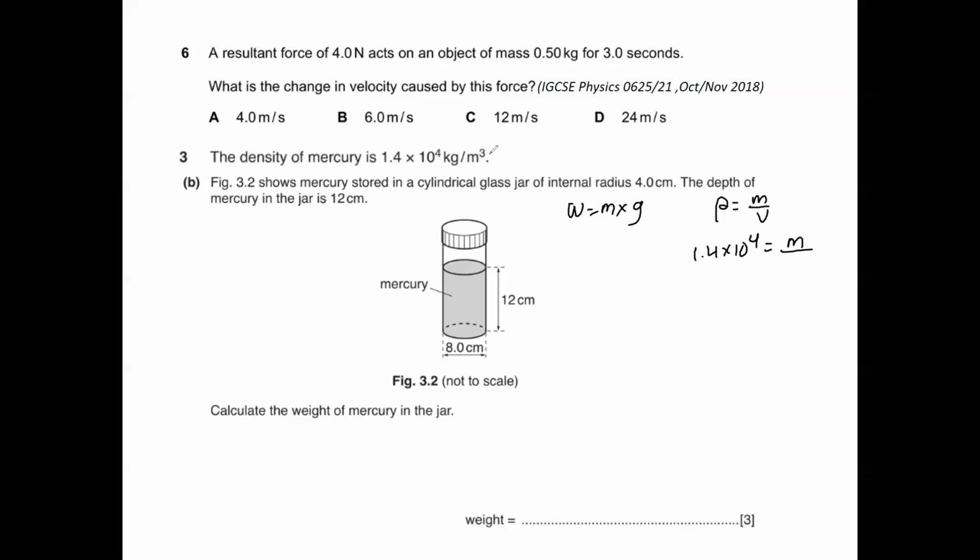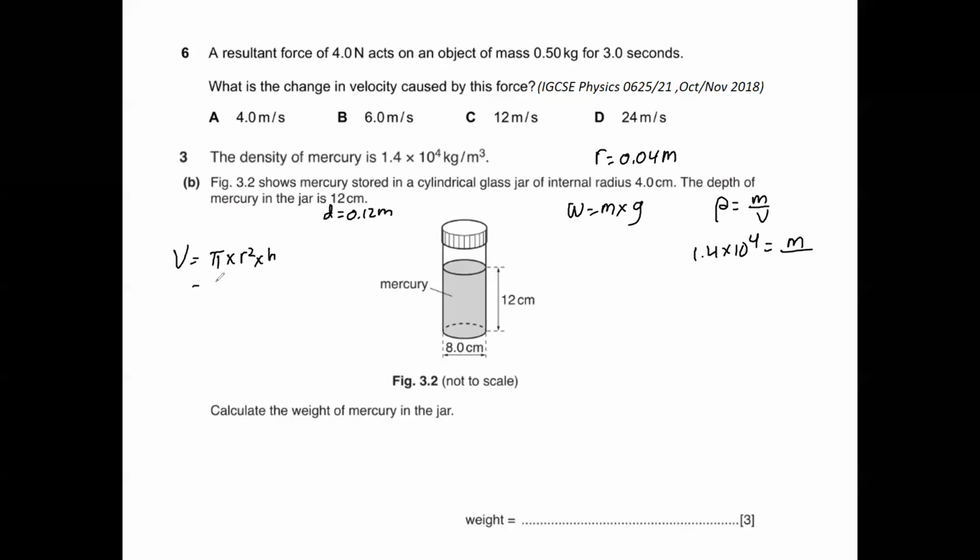Because here, the density is in the SI unit meter. So we have to change the radius and the depth into meter. So the radius becomes 0.04 meter. And the depth or the height becomes 0.12 meter. And then we can find the volume. So volume of a cylinder is pi r squared times the height.